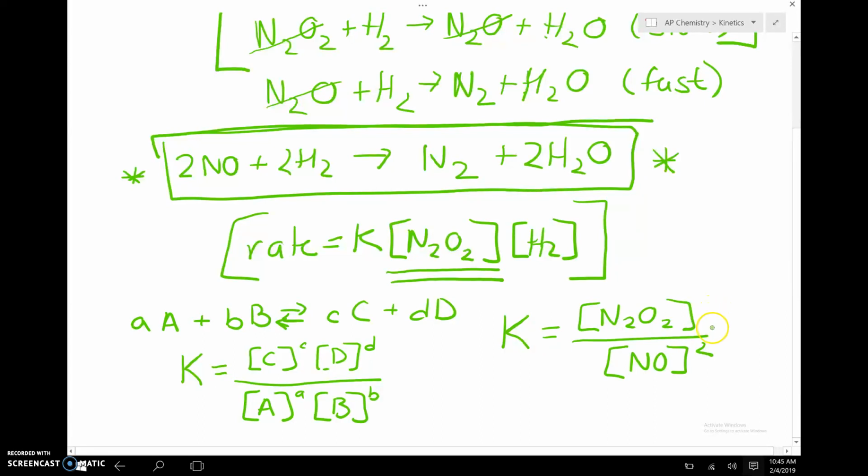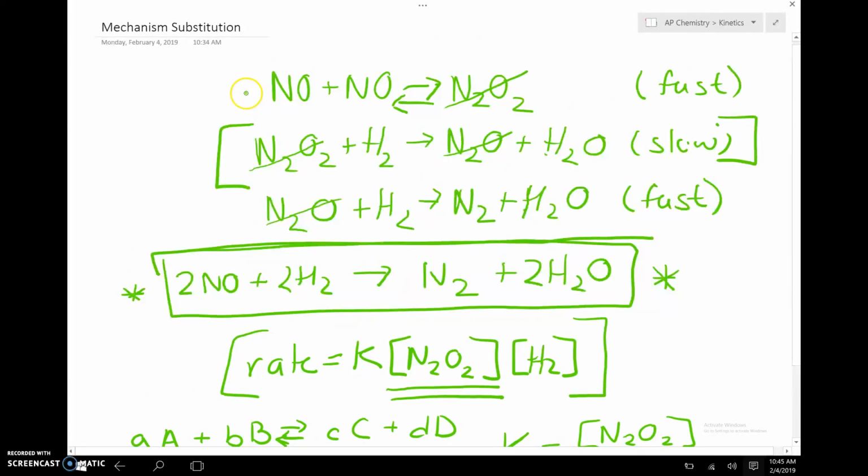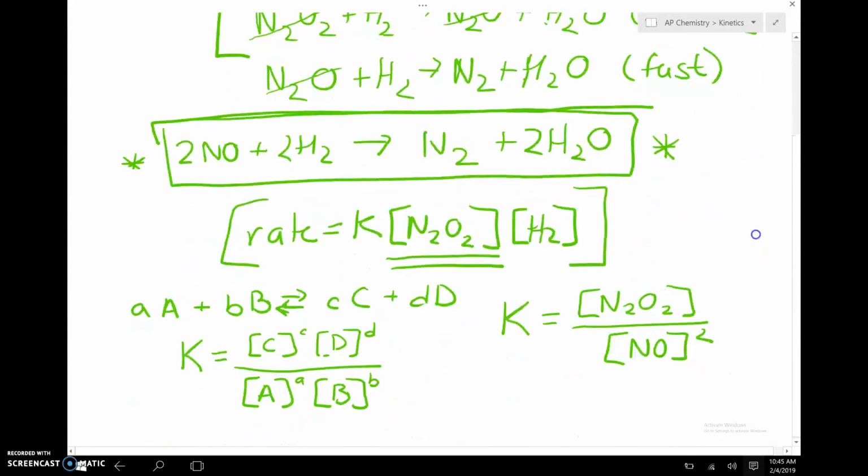Again, I did products over reactants, and the exponents come from the coefficients. Now you might be thinking, wait, there are no coefficients here, but actually NO plus NO is 2NO. So really this would be the same as writing 2NO, like this, 2NO. And so that would be NO squared. That's where I got that from.